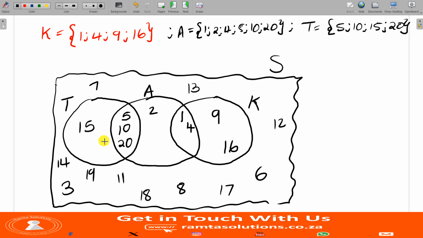So you see, all of them that are not in these events are outside. Now this is the Venn diagram for this particular problem.